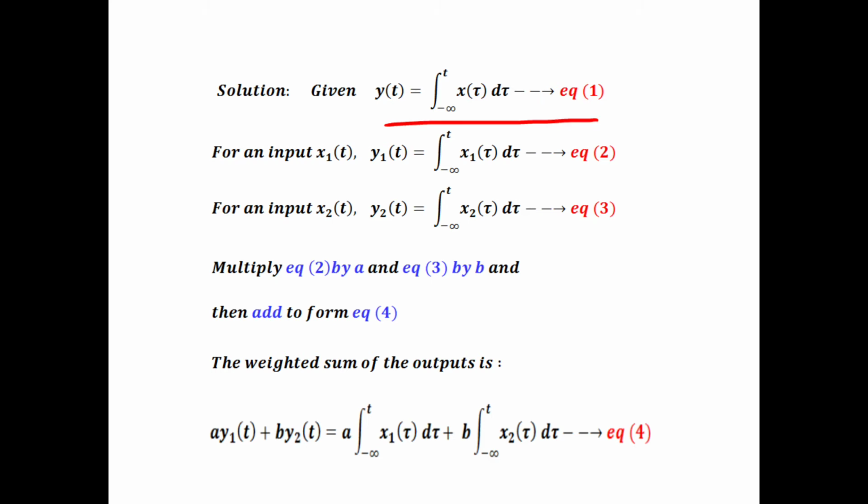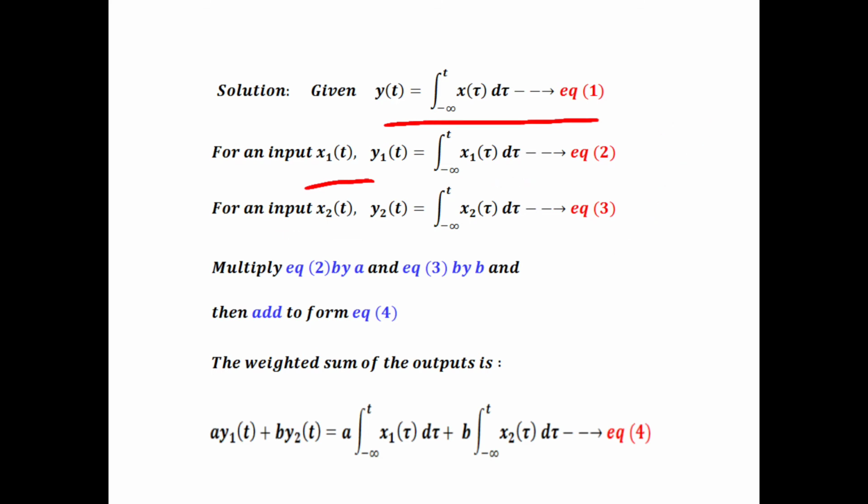For an input x1 of t, y1 of t is equal to integral minus infinity to t x1 of tau d tau. Let it be equation 2. Similarly, for x2 of t, y2 of t is equal to integral minus infinity to t x2 of tau d tau. Let it be equation 3.